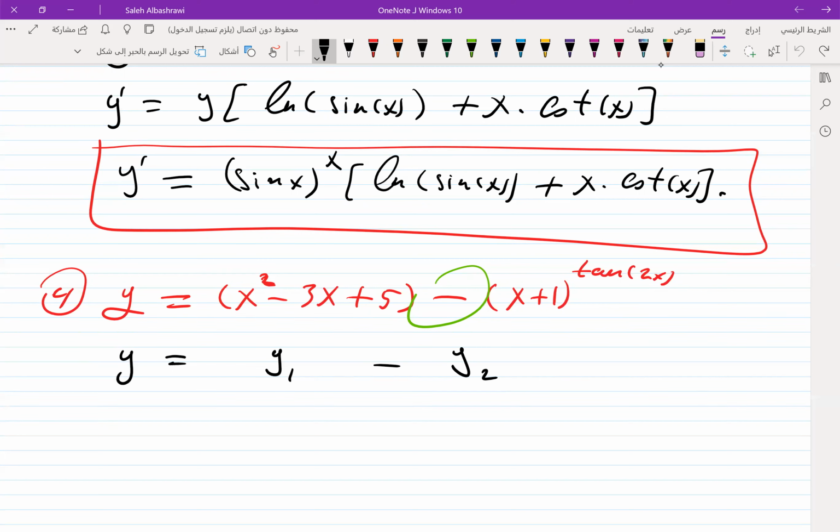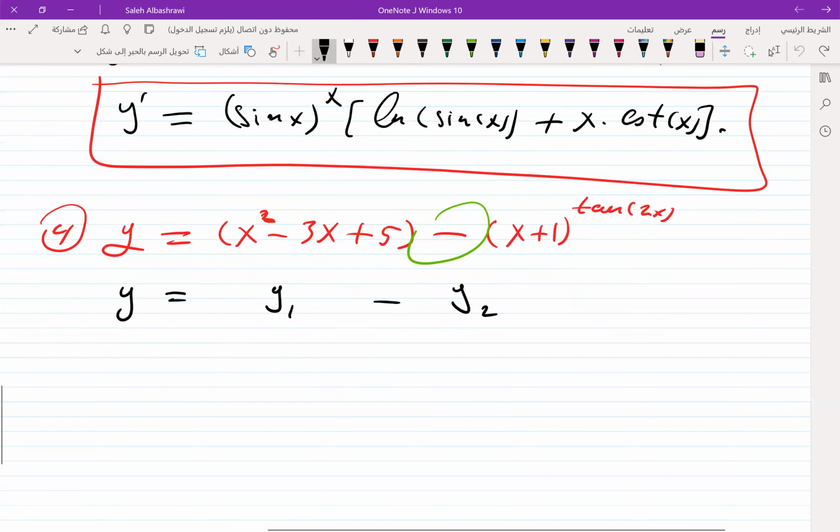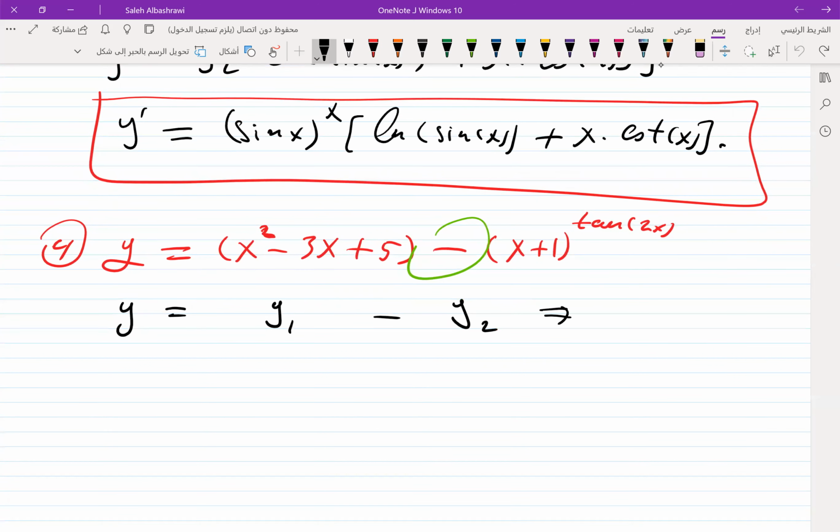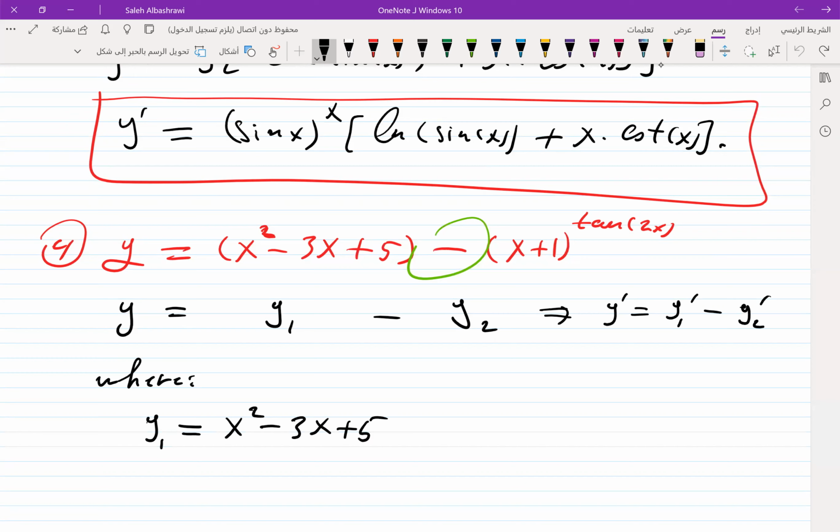I will take each term as a separate function. In this form, y prime will be y1 prime minus y2 prime, where y1 is equal to x squared minus 3x plus 5.